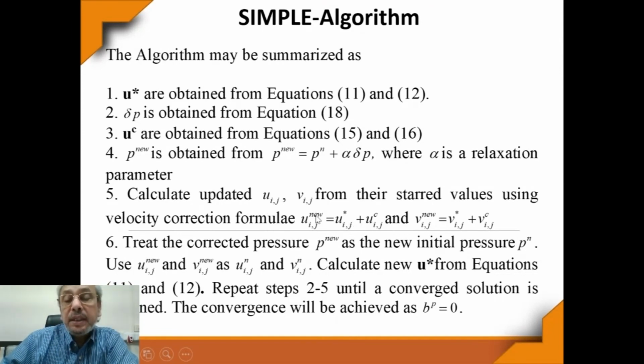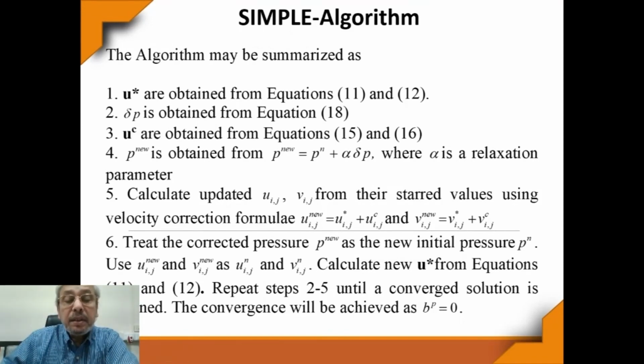So Uij new is U star plus the Uij correction, Vij new is V star plus the Vij correction, and P new is Pn plus alpha delta P. This way, you see, we are advancing from one level to another level.